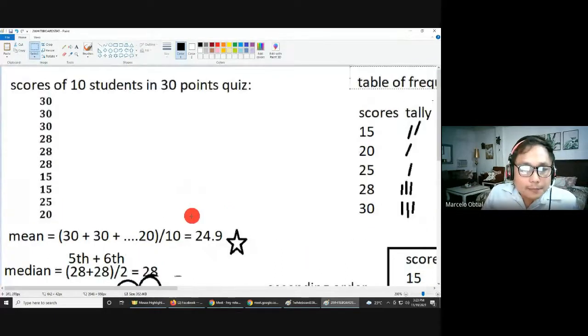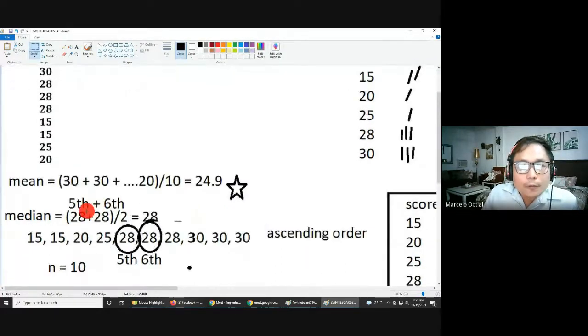And for the median, you always start with the instruction that you should arrange the data in ascending order, from lowest to highest. Now this is the arrangement in ascending order. After that, you locate the central value. When n is even, there are 2 central values, but there is still only one median.